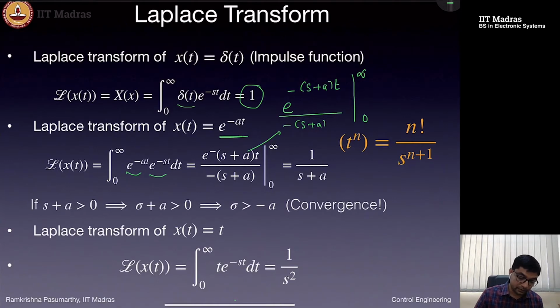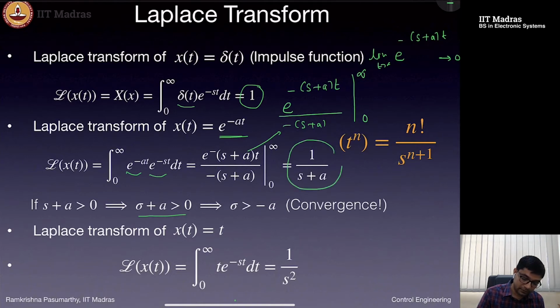What must happen here is that if s plus a is greater than 0, then at infinity this goes to 0, right? So e power minus (s plus a) times t, the limit of this as t goes to infinity, will go to 0. And I'm just left with the value at t equal to 0. That beautifully comes out to be this value.